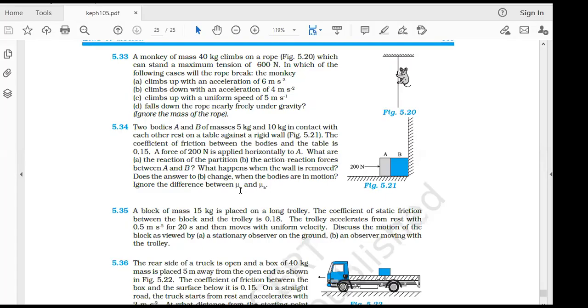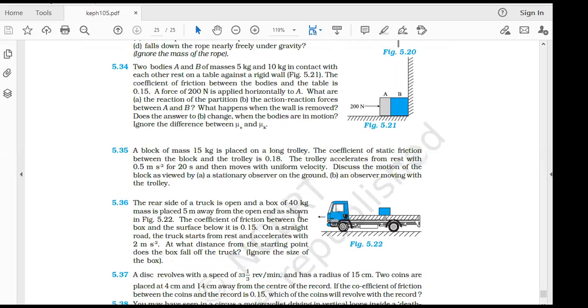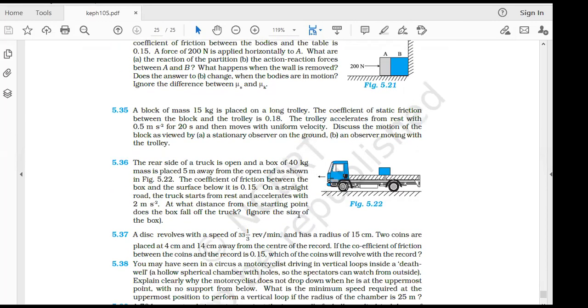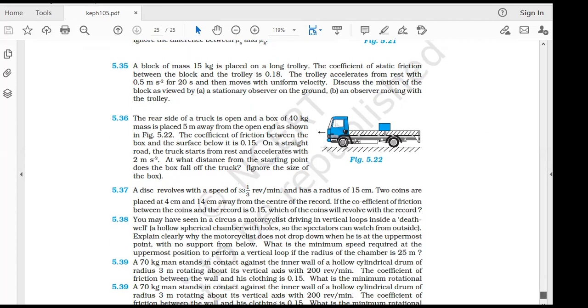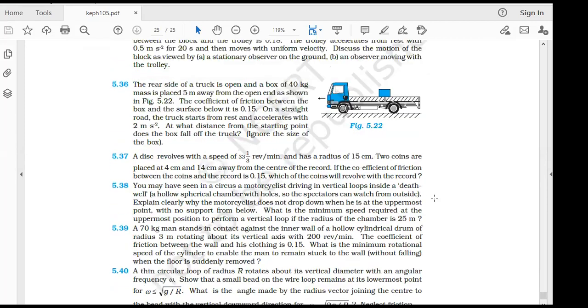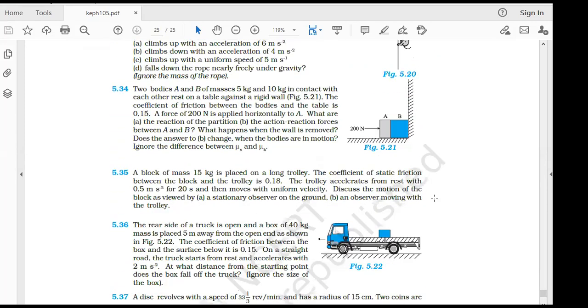Okay. Anybody tried 35, 36? Somebody tried it? That's very depressing for me. At least if you say, sir, I tried it, but I didn't get the answer, I'll be happy.